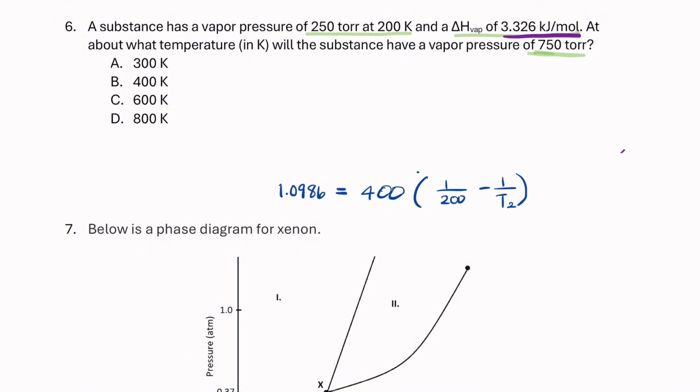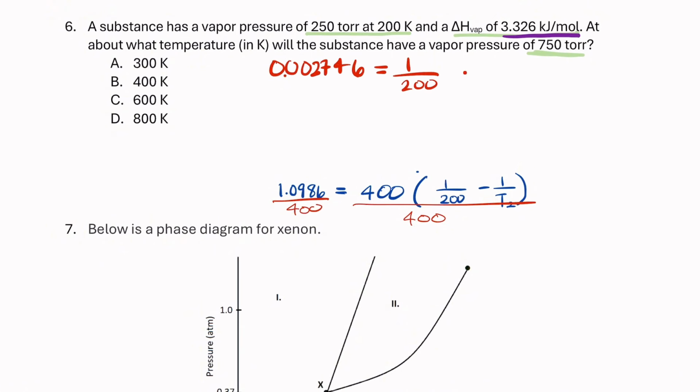I'm going to divide both sides by 400 to now get on the left side 0.002746, and on the right side that's going to be equal to 1 divided by 200 minus 1 divided by T2. Here I'm going to shift things around so that I have 1 over T2 on one side and everything else on the other side.